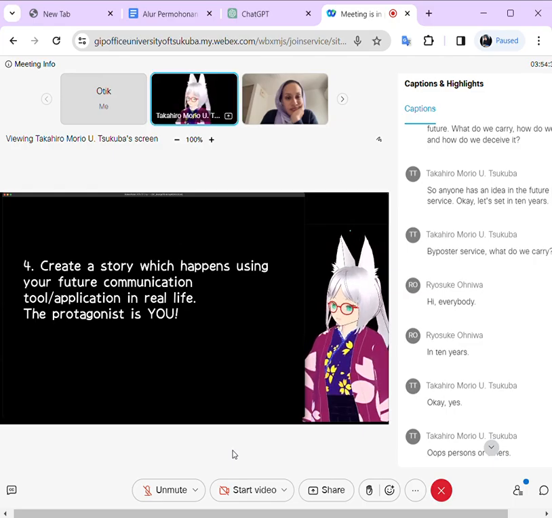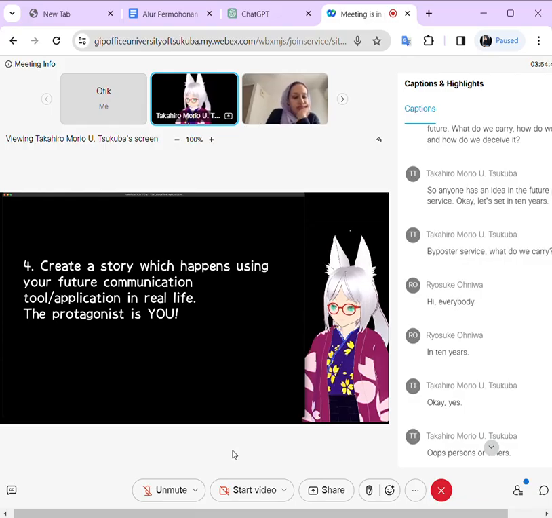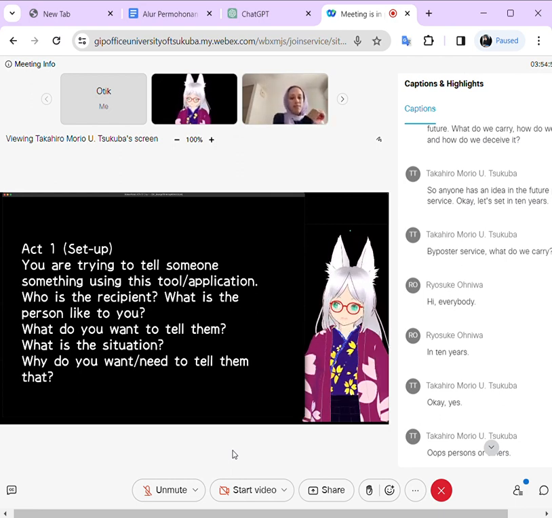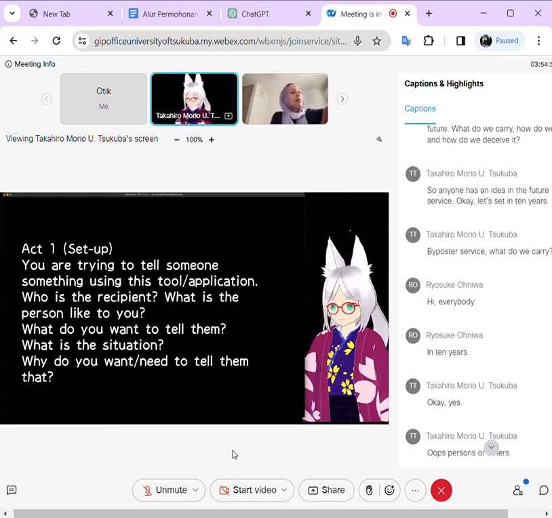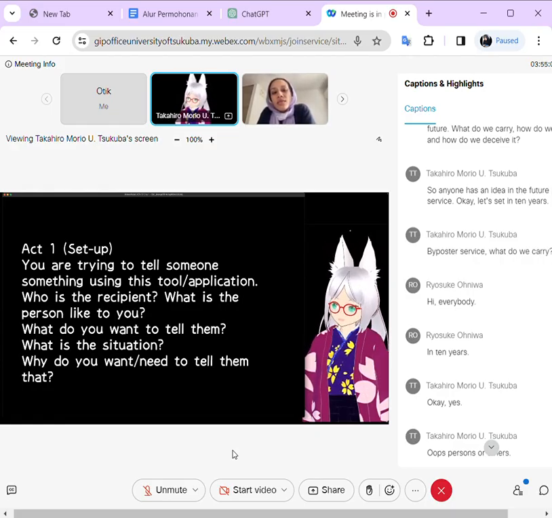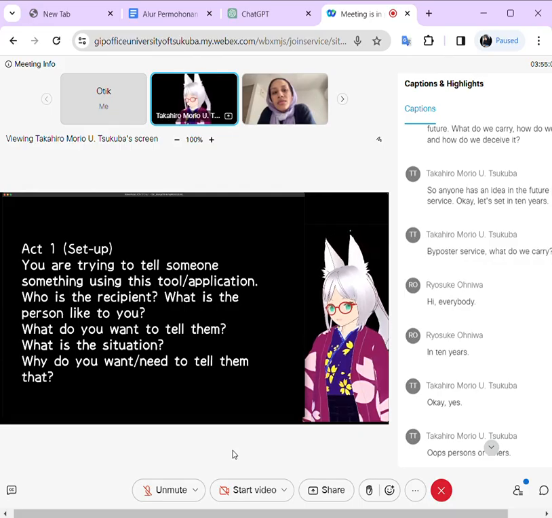And for the create a story, which happens using the future communication tool application in your real life. So in this story, the protagonist is you yourself. And for the act, by using 3-act structure, the act one setup, you are trying to tell someone something using this tool application.